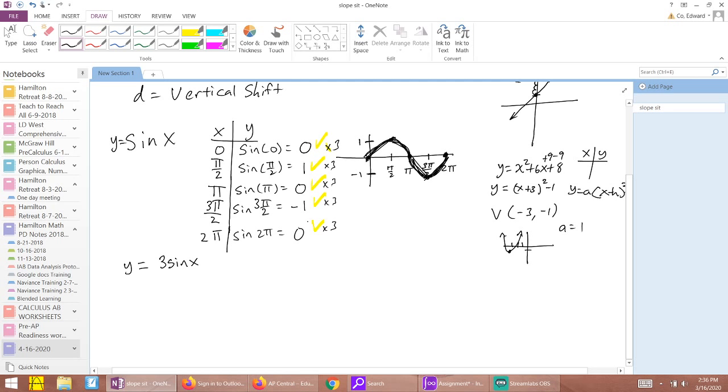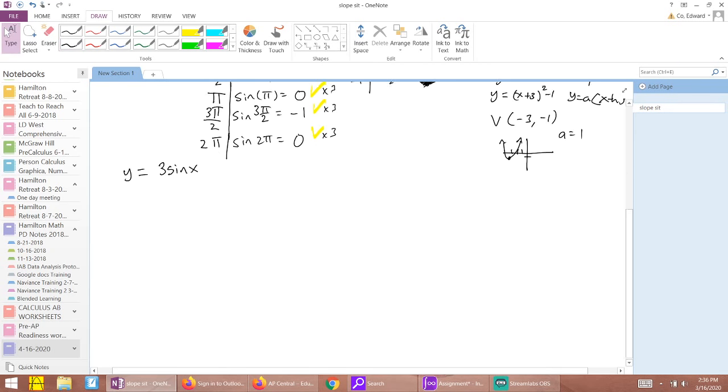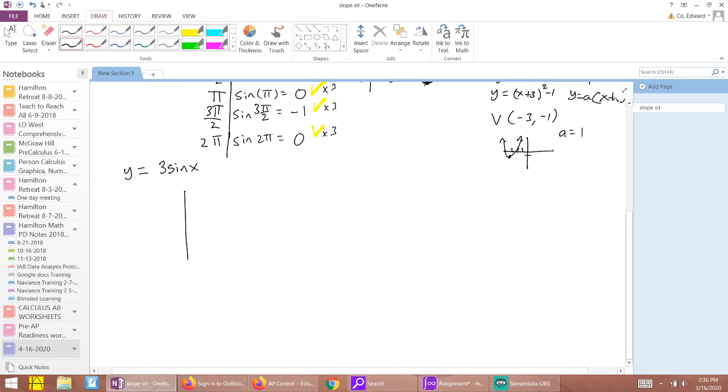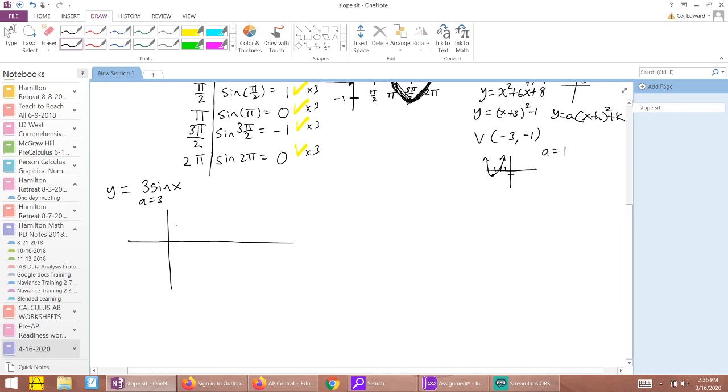So what happens is our a value changes. We're going to go ahead and draw this again. And our a value is 3. So we're going to count 1, 2, 3, negative 1, 2, 3.